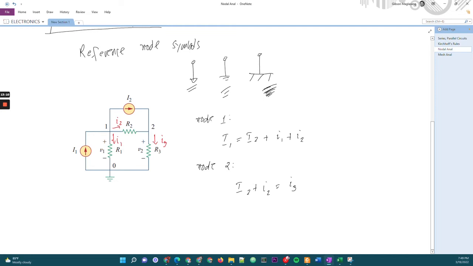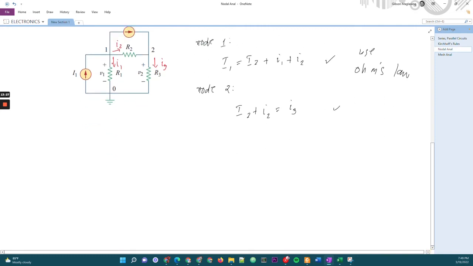Next is, we'll be using Ohm's law to rewrite these equations. So use Ohm's law at node 1.